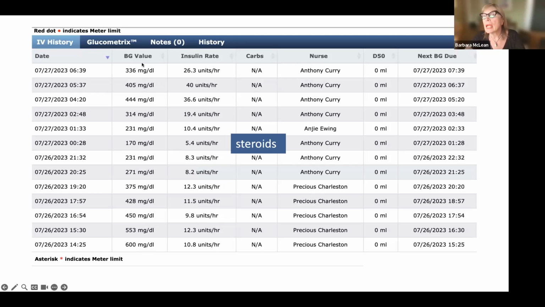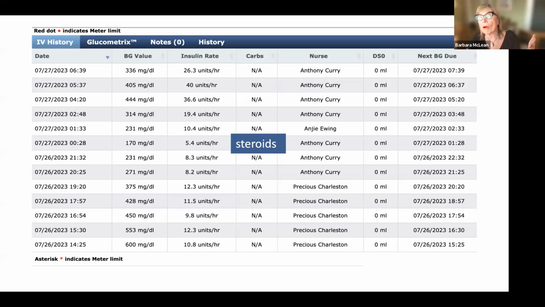If I could actually predict the bioactivity of steroids, I could build, and I've been working with Glytech about this to say, I need us to have, and I'm sure everyone in the world does, a way for Glucommander to adjust insulin based on bioactivity of steroids.